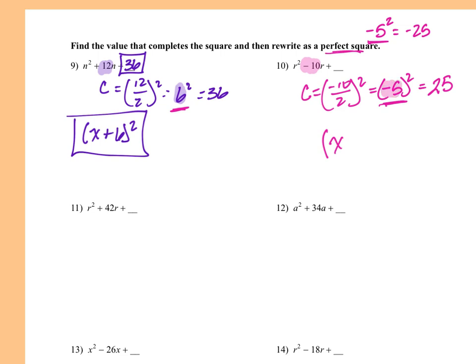Whatever number I'm squaring is going inside my parenthesis. So it's x minus 5 squared. Or it's whatever half of the middle number is. You can think of it that way too. Whatever half the middle number is goes there. Okay? Any questions so far?